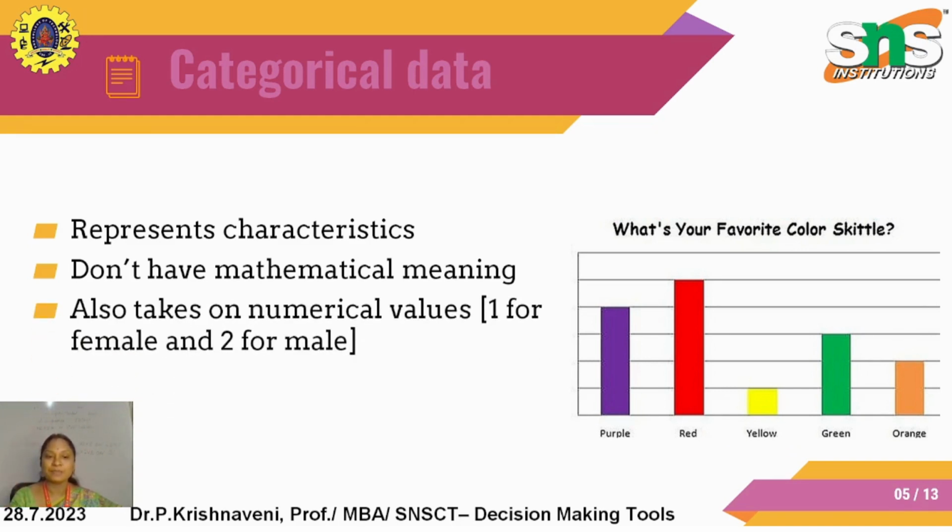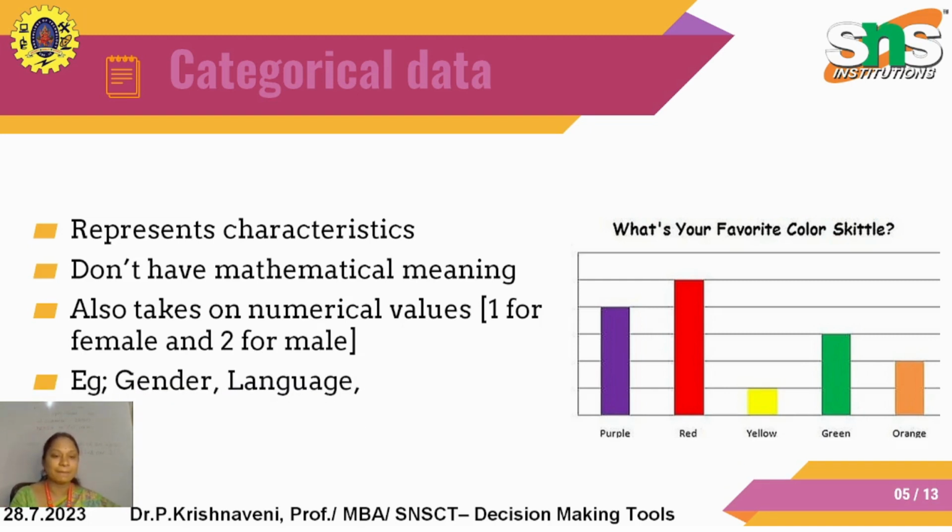In SPSS, values can be assigned to make our entry easier. If I type 1, it represents female. If I type 2, it may be male. You can assign the numbers, but one is not superior to two; there is no mathematical meaning out of it.